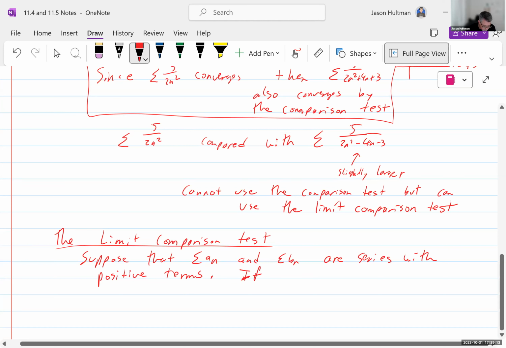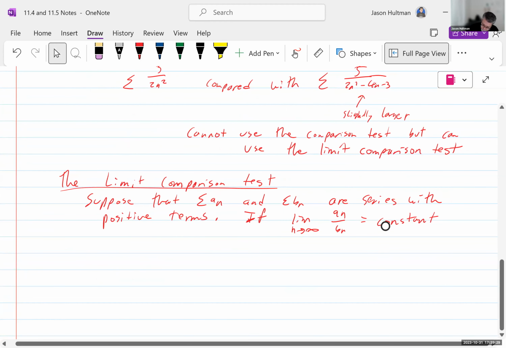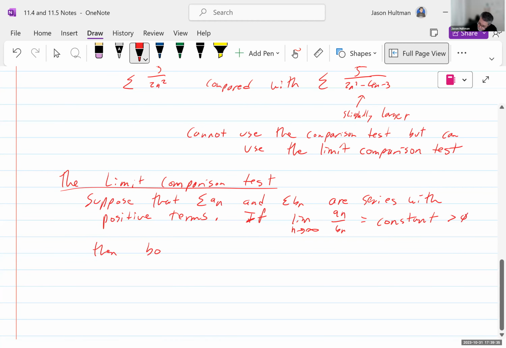If the limit as n goes to infinity of a sub n over b sub n equals a constant, a constant greater than 0, it's got to be a positive constant, then both series converge or both diverge. Okay, so they either both converge or they both diverge.